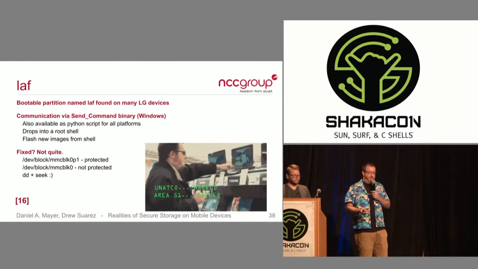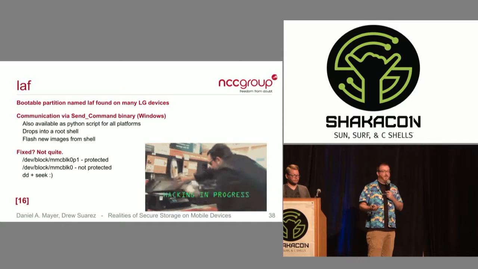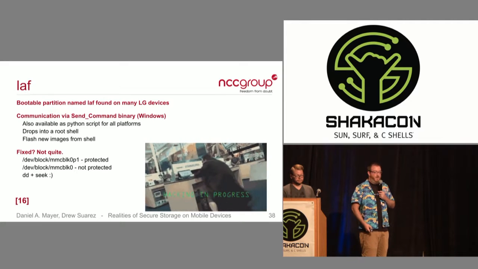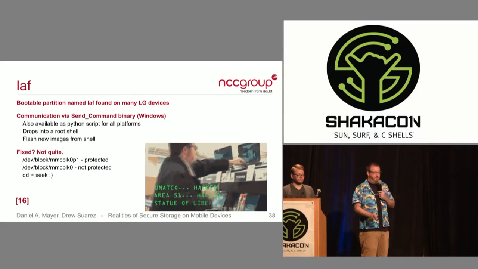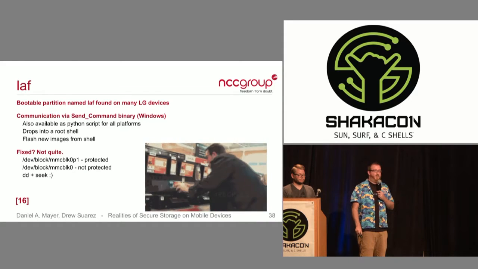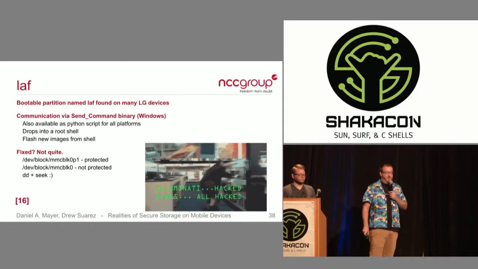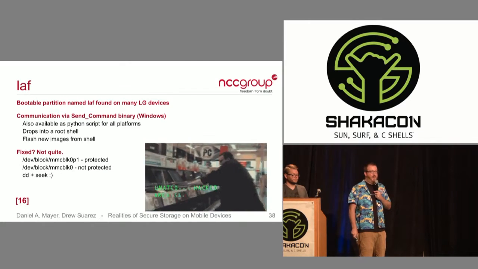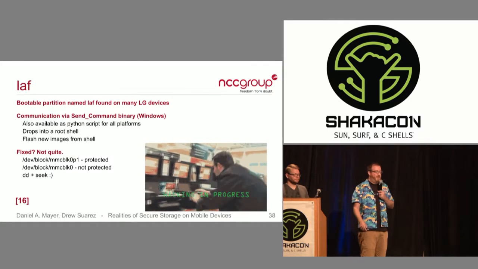And this actually shipped on the Nexus 5, which really surprised all of us when we realized that this was possible on a Google device. So that was patched out, obviously. But LG's fix was fairly incomplete, so this is actually still possible on a number of models. Essentially what they did was they realized, well, we shouldn't allow overwriting these particular partition IDs because they contain susceptible firmware images.